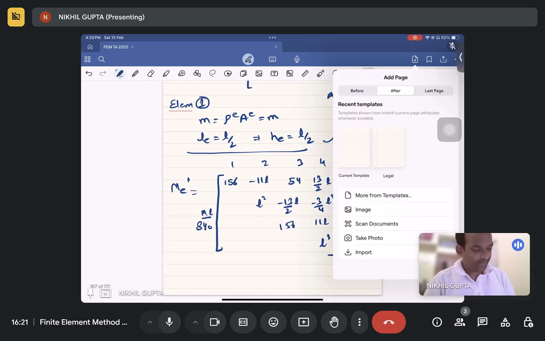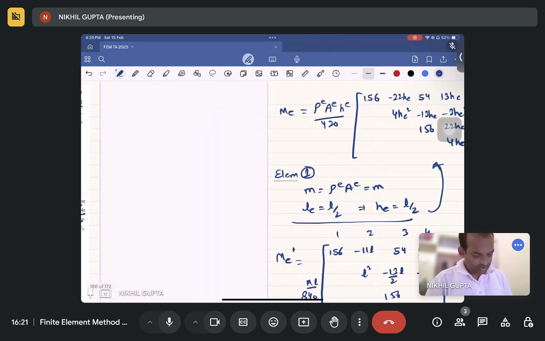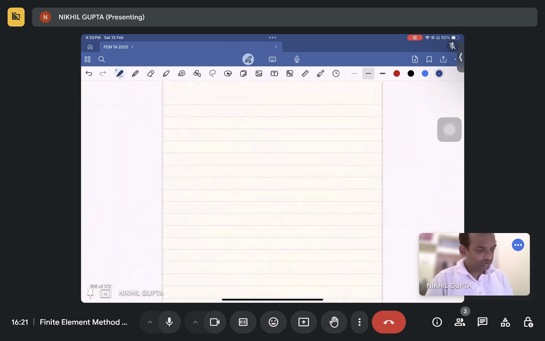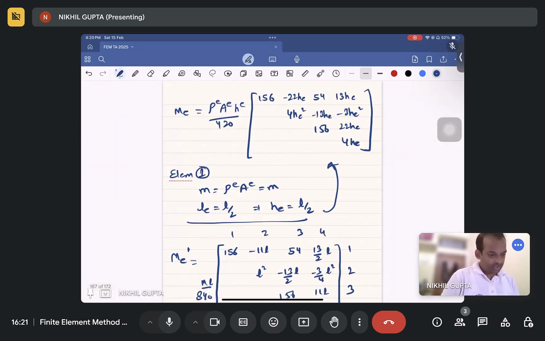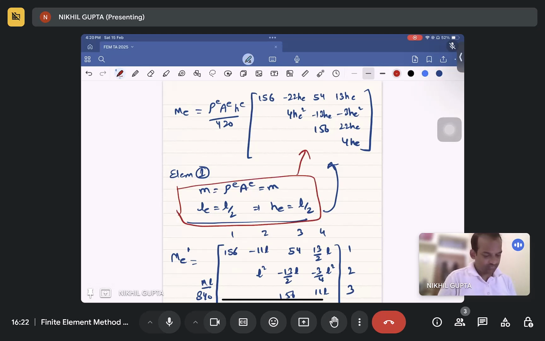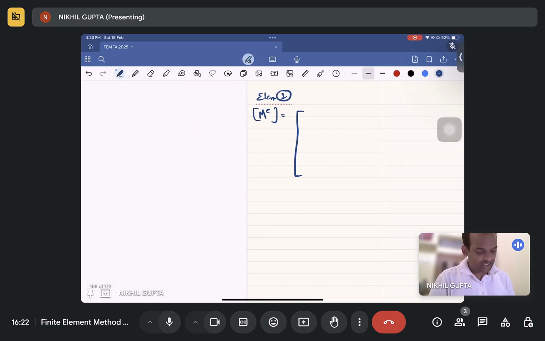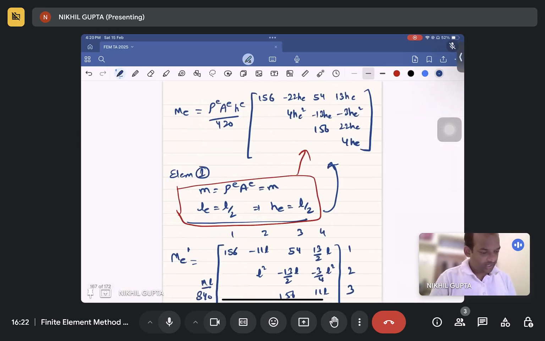Similarly, we have to find the elemental matrix for element 2 as well. So what will be the m for element 2? The properties are the same, so we can use the similar properties to substitute in this for the second element as well. What will change are the degrees of freedom corresponding to this element.